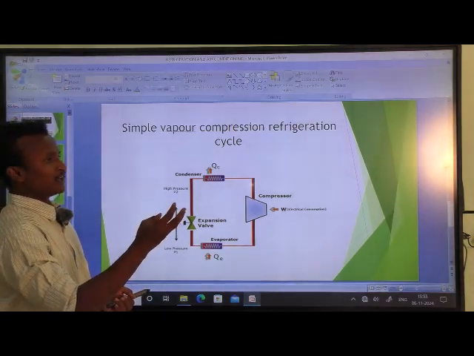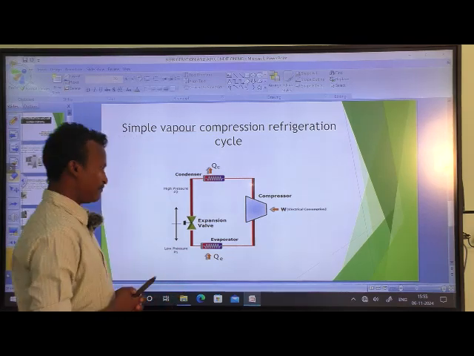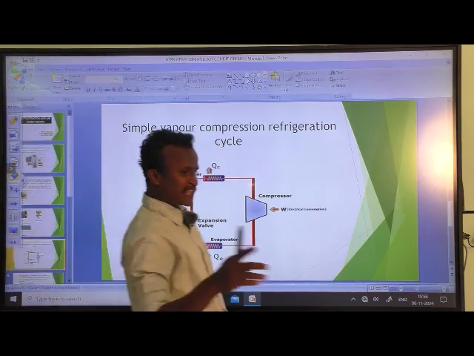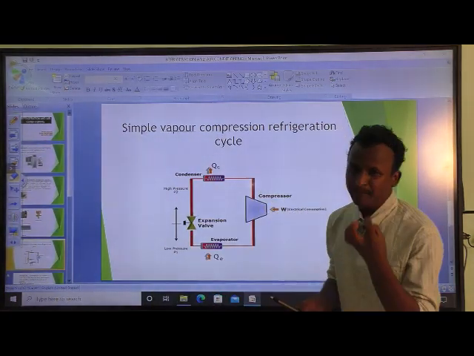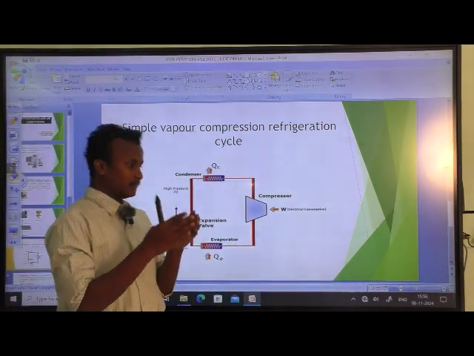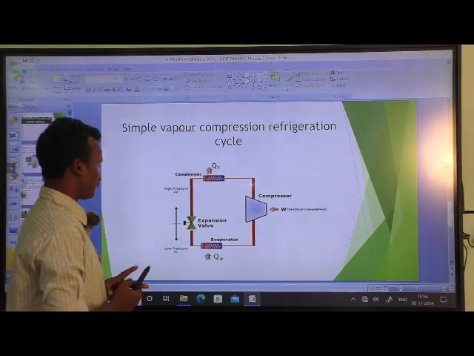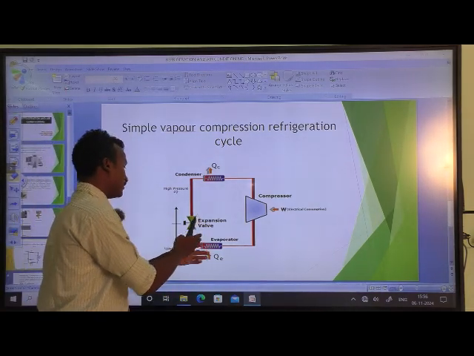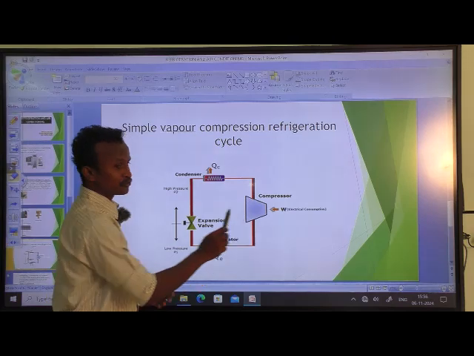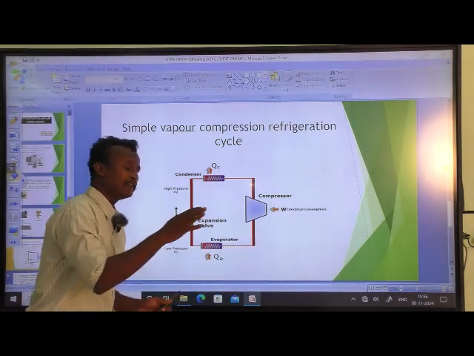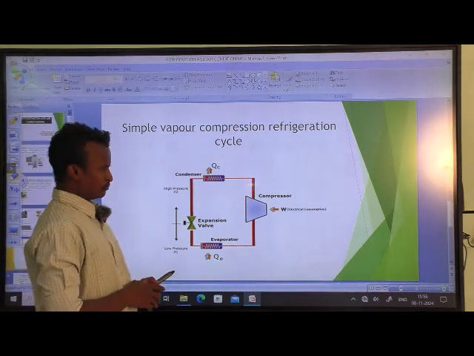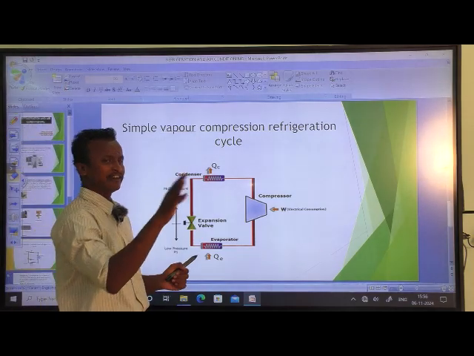Friends, I put an apple inside the evaporator. Before that, the temperature of the apple was equal to the surrounding temperature. When I put the apple in the evaporator, there is refrigerant flowing inside the evaporator, and its temperature is below the surrounding temperature.